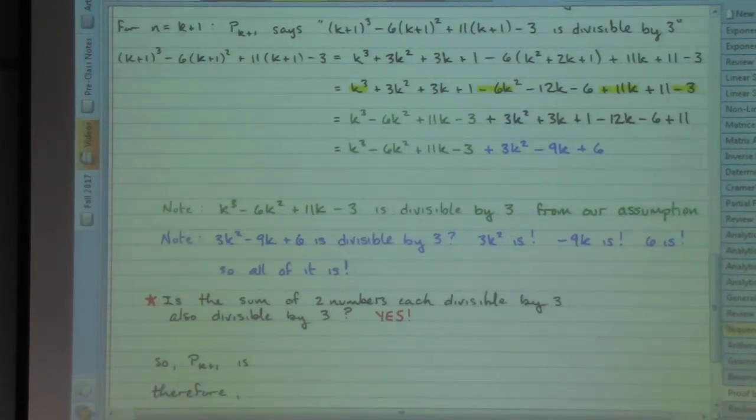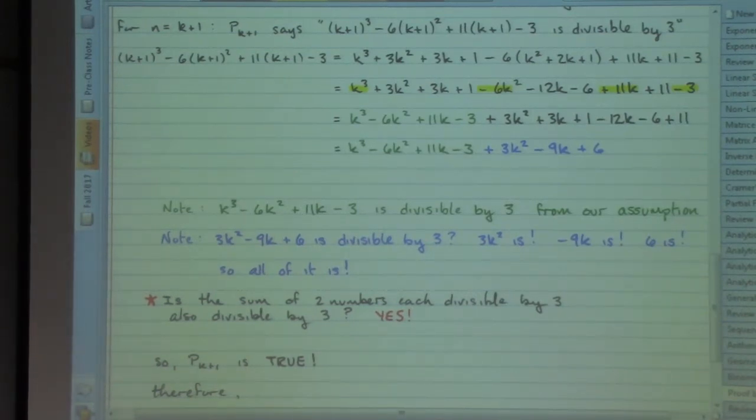So I have proven that when the index is k plus 1, it will be true as long as the original previous domino had fallen down.